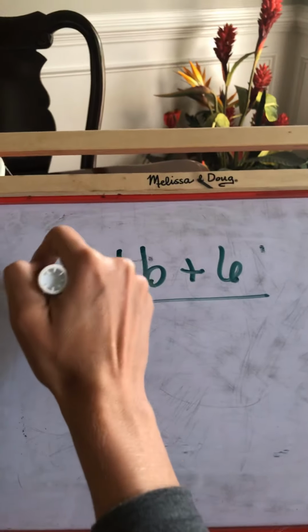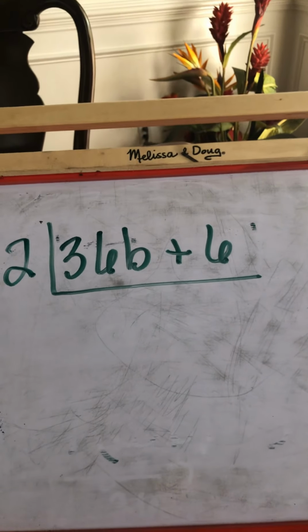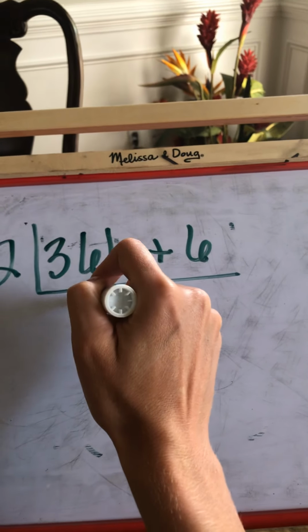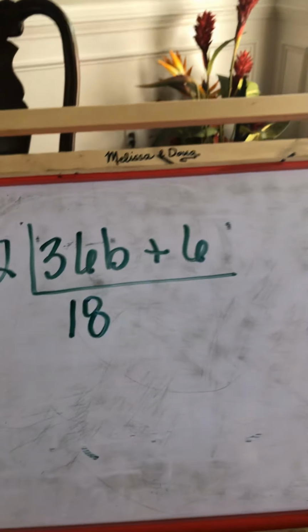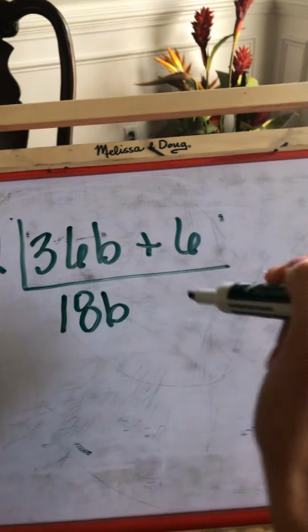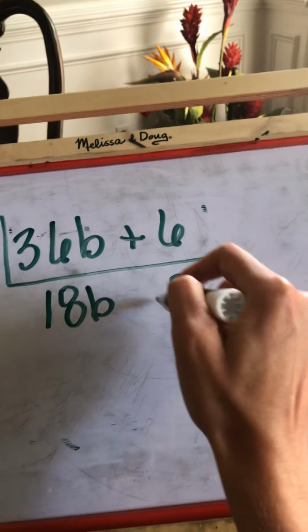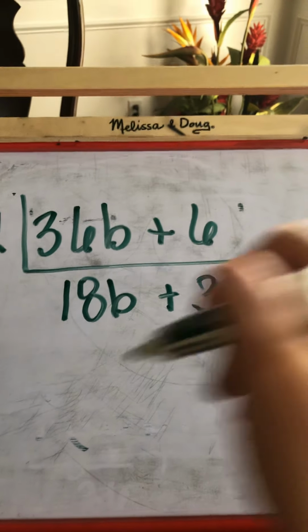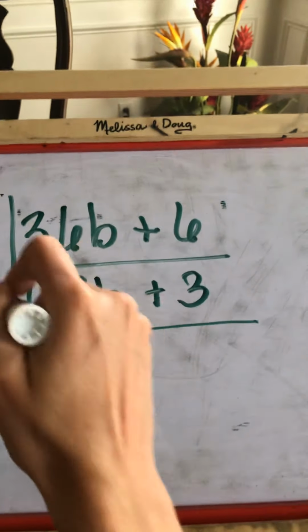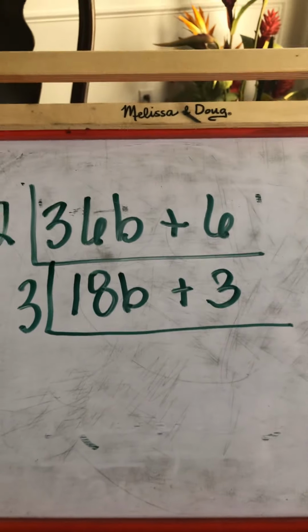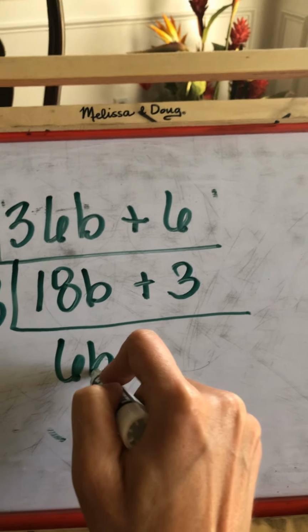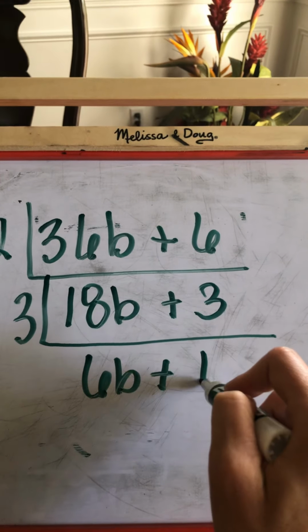So I'm going to put a 2 on the outside here. I'm going to divide like I normally would. So we've got 18, carry down your B, and then 3. And then 18 and 3 have 3 in common. So I'm going to divide by 3 now. So this would be 6B plus 1.